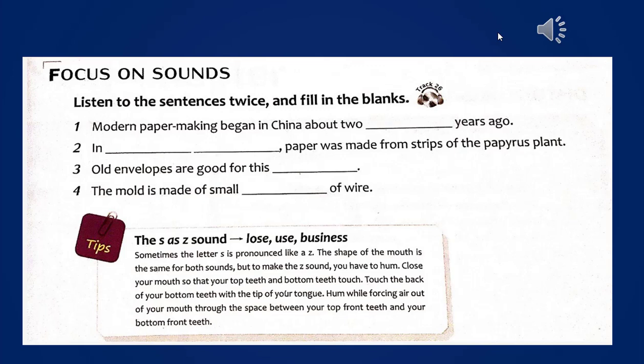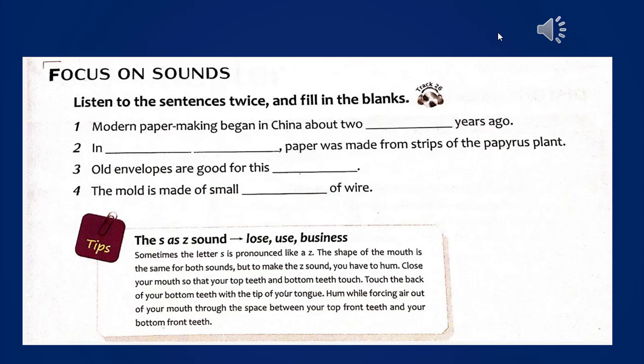Mostly, when you see a letter S in the second syllable, okay, it sounds like letter Z. But sometimes letter S finishes a plural word, okay. Sometimes it sounds like S itself, and sometimes it sounds like letter Z, so differently.